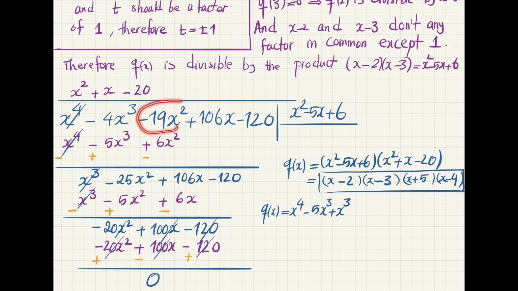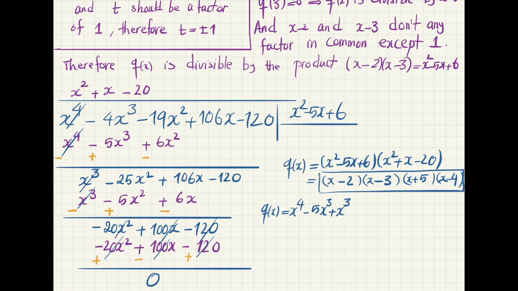Minus 19x squared is positive 6x squared minus 25x squared. But minus 25x squared itself is minus 5x squared minus 20x squared. So I need to break minus 19x squared into 3 terms, which was not easy to predict before seeing this actually. So let me just do that.